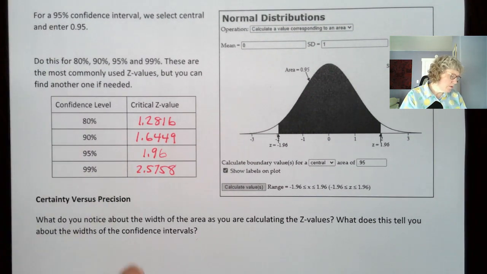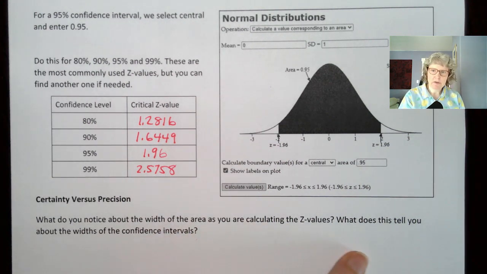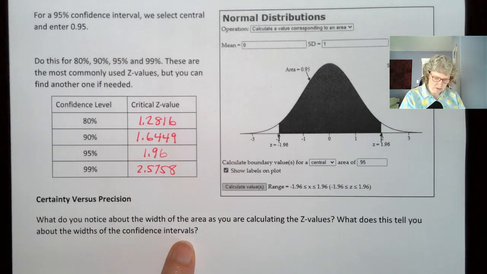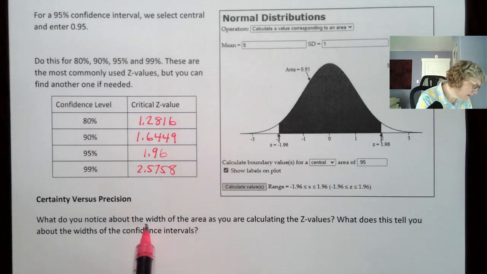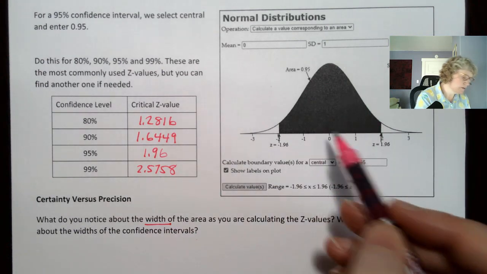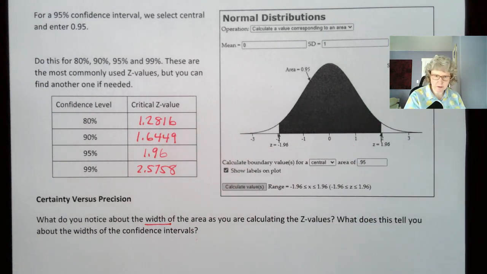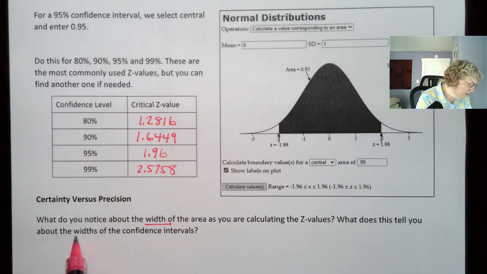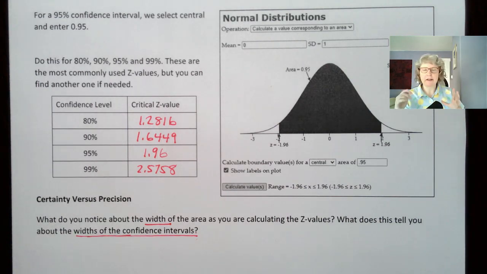What do you notice about the width of the area as you're calculating the z-values? What does this tell you about the widths of the confidence intervals? Okay, so the width of the area is referring to the normal curve, right? So the width corresponds to the width of the confidence interval. I like the visual of the curve.